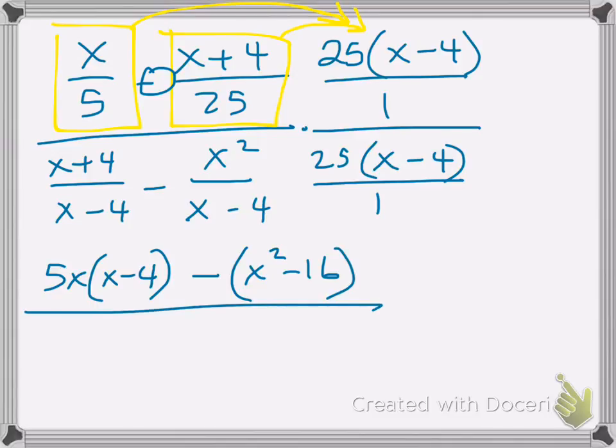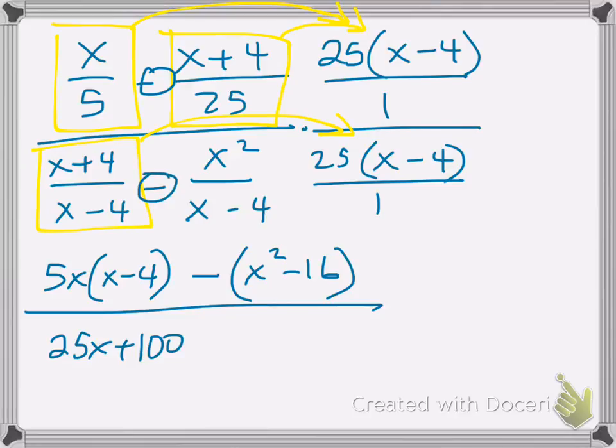In the denominator, when we multiply this first term by this, the x minus 4's cancel, and we're left with 25 times x plus 4, which we could write as 25x plus 100. Go ahead and multiply it together. Got another negative sign to deal with, so I'm going to go ahead and bring that down. All right.